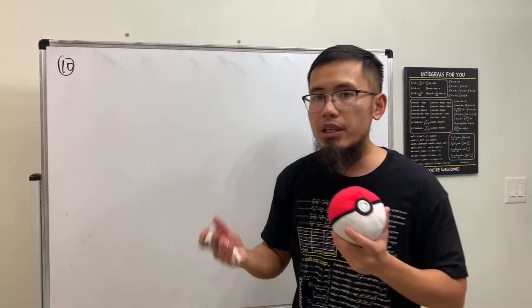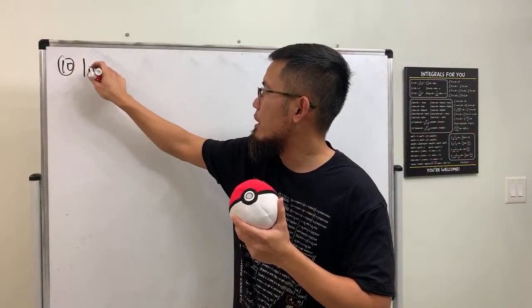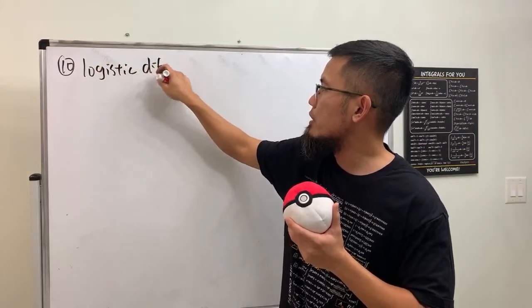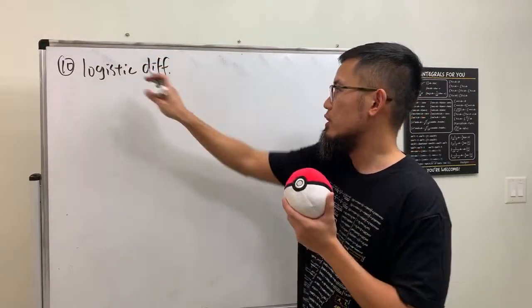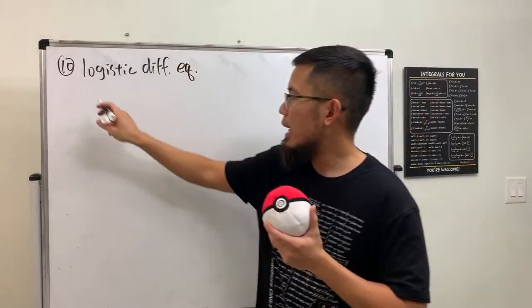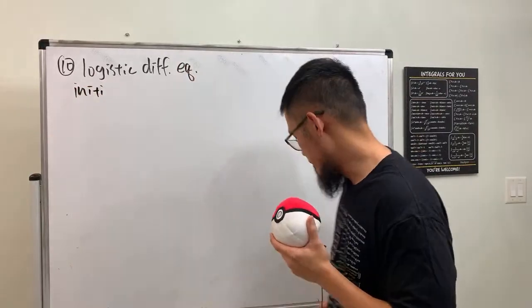So here is the deal. Let me just tell you the following. Assuming we are dealing with a logistic differential equation, assuming the situation is logistic, all right? So let me just write that down.